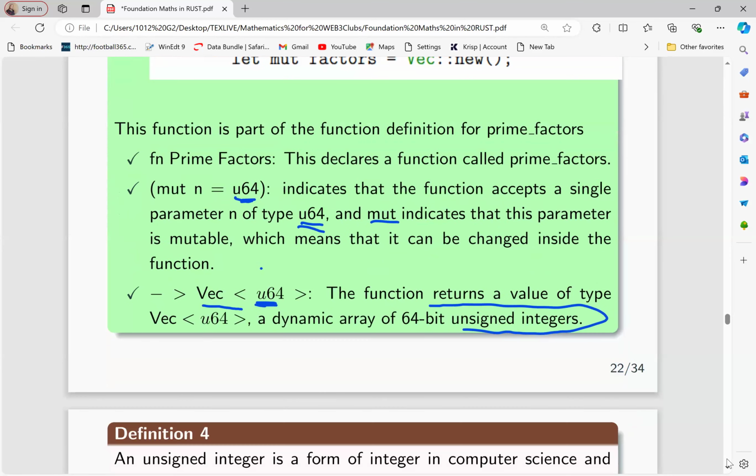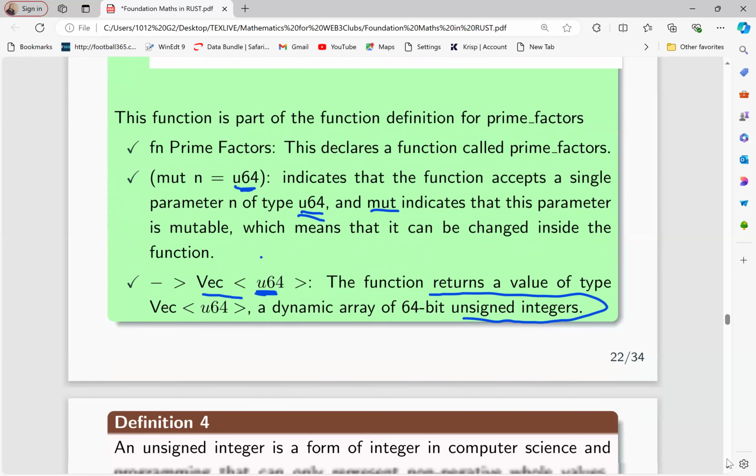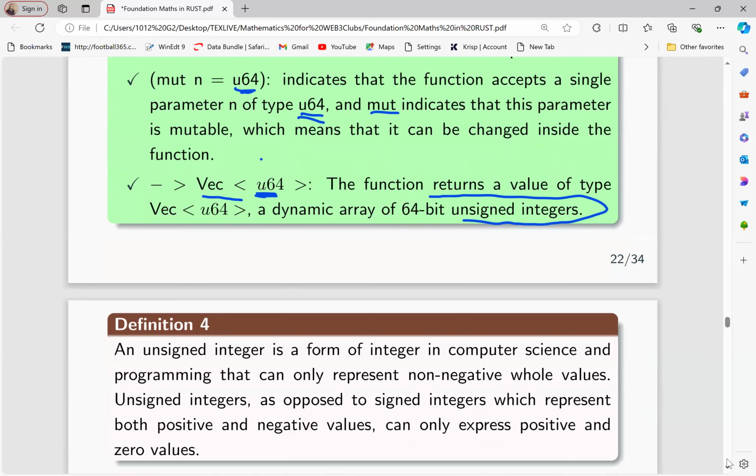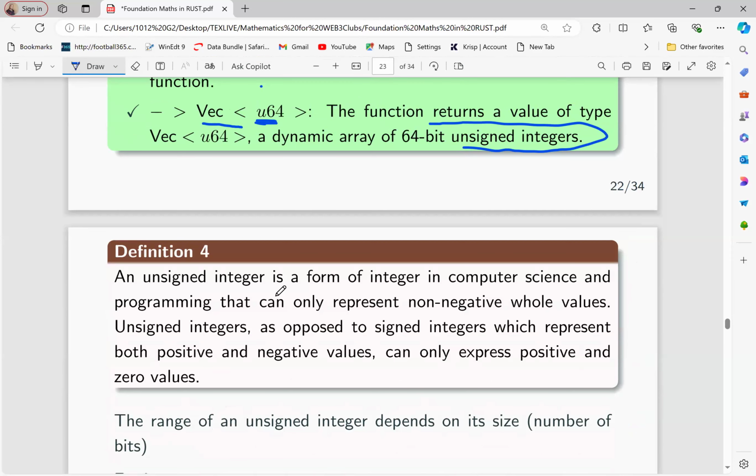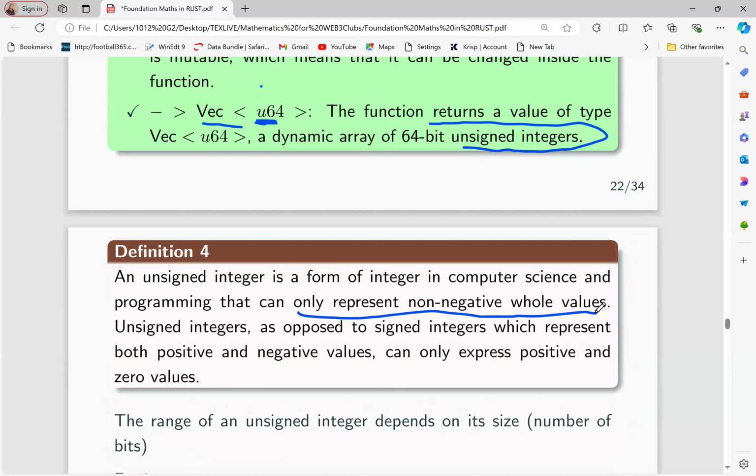But when we say signed integers, then this will be negative. The signed integers will include both negative and positive. So an unsigned integer is a form of integer in computer science and programming that only represents non-negative numbers. That means these are positive integers. But when you talk of signed, then we mean that the integers can be both negative or positive.